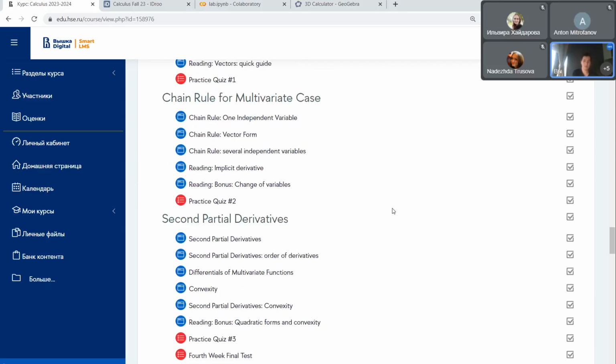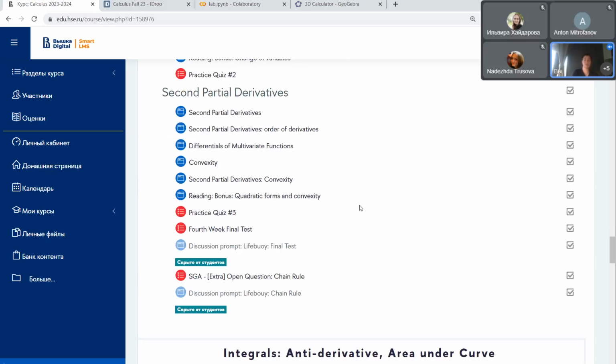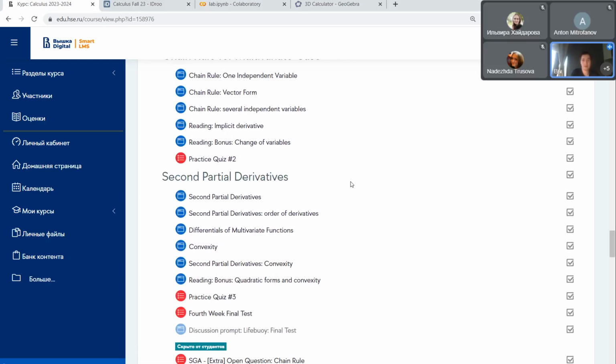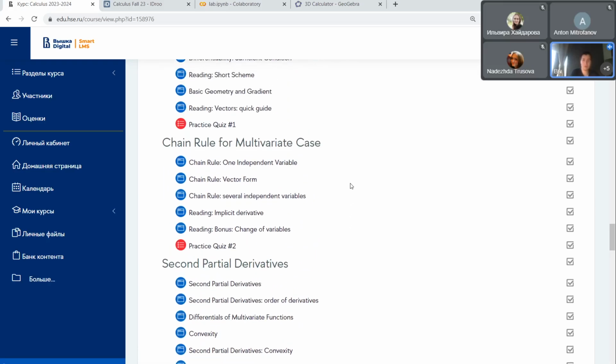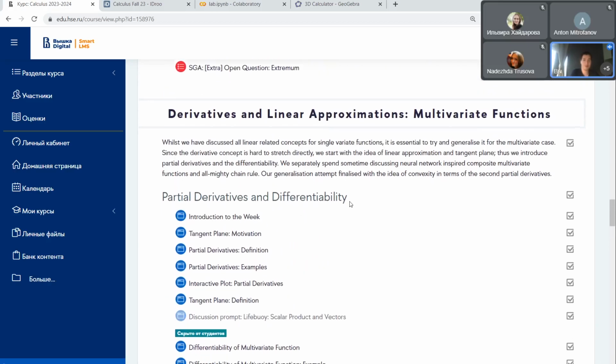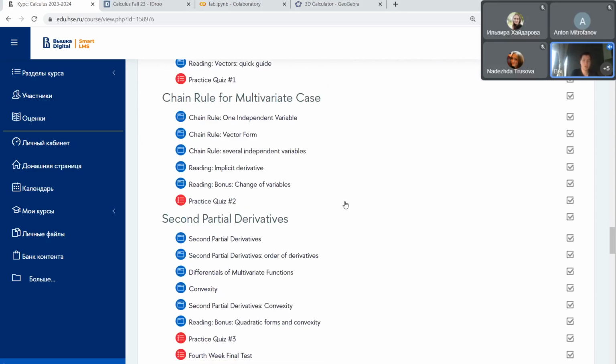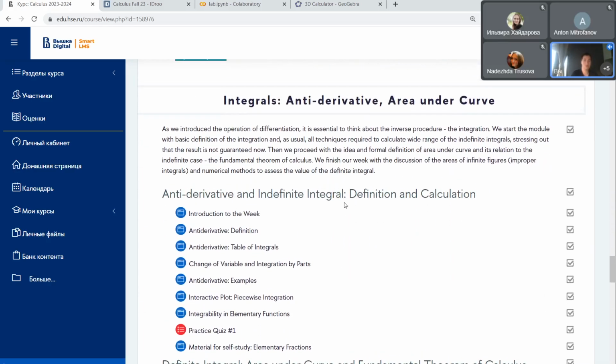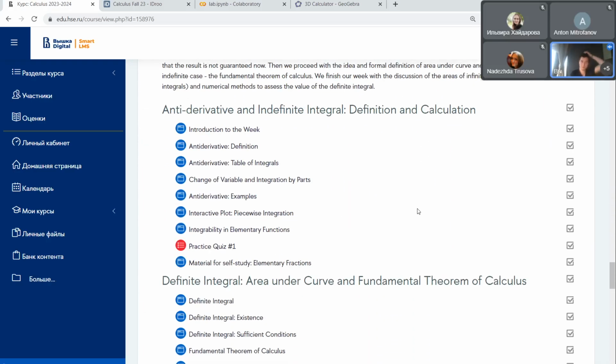We can, for example, solve some tasks about, I don't know, partial derivatives. Maybe we can solve some tasks dedicated to the material over the first 4 weeks. We can start discussing integrals. We can see the difference between definite and indefinite integrals.